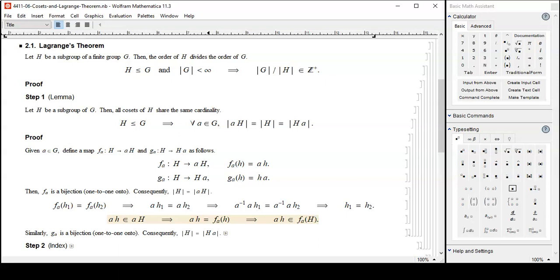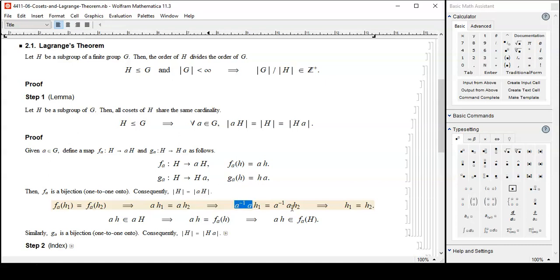Now how about the one-to-one map? Let's suppose the function value is the same. F_A of h1 is equal to F_A of h2. In other words, by definition, A h1 and A h2 are the same. You see, same function value. Does it mean the same h value? That's easy because all you have to do is remove those A's. How do I do that?